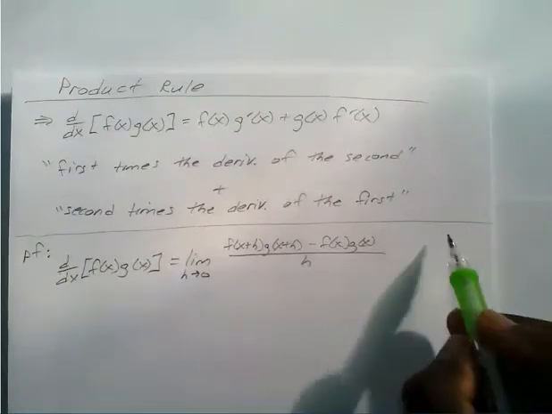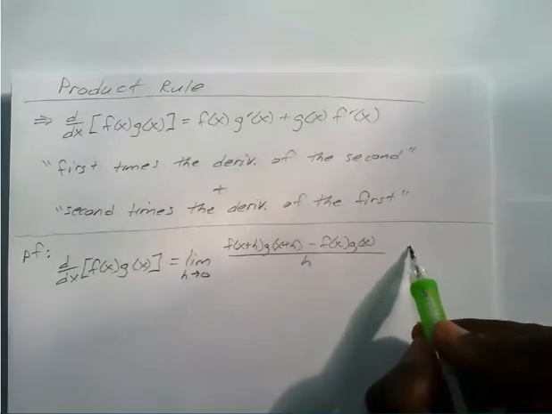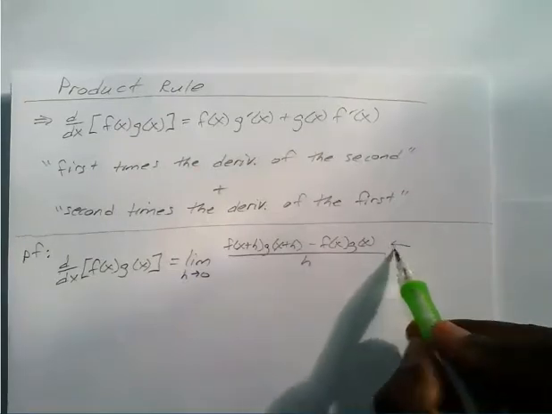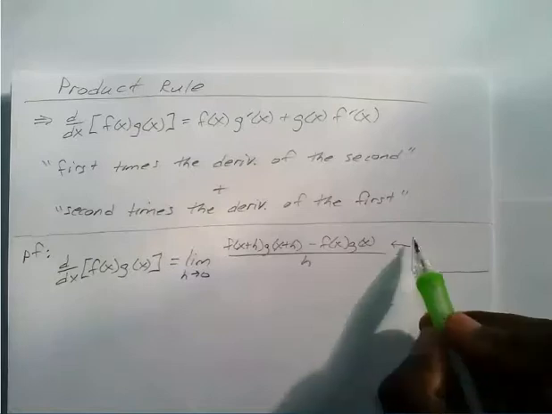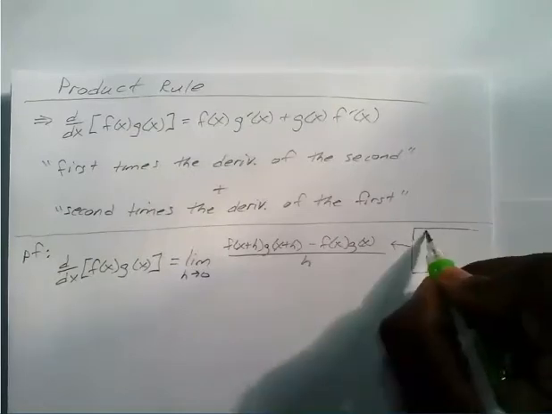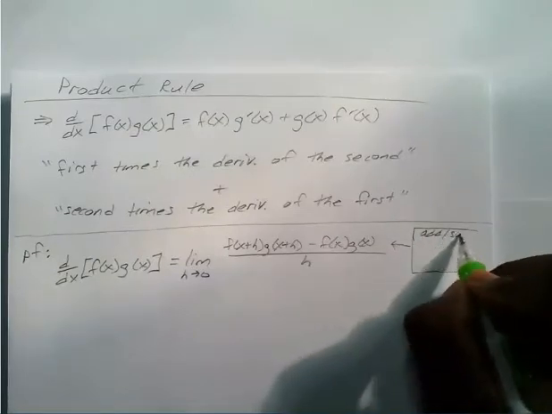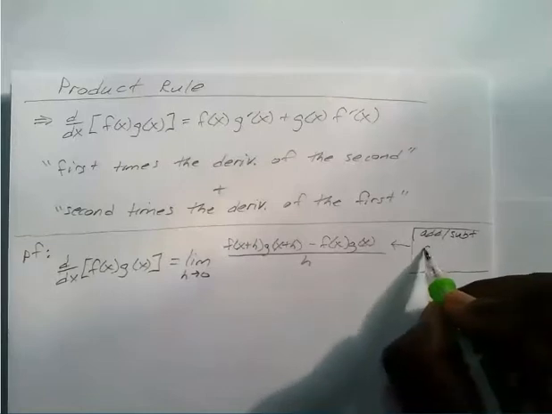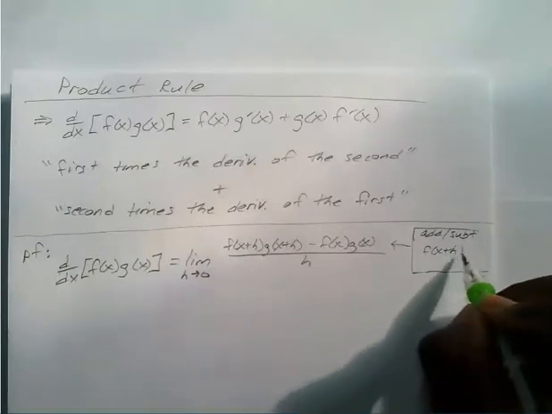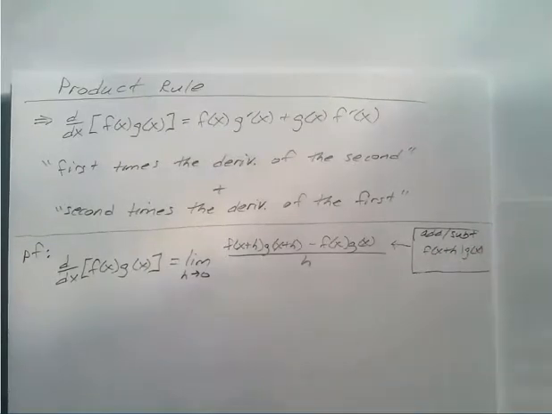Okay, so what we're going to do is we're going to kind of manipulate this a little bit. So we're going to add and subtract f of x plus h times g of x in our numerator.